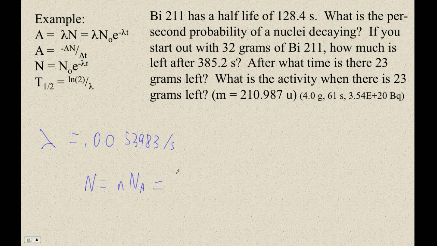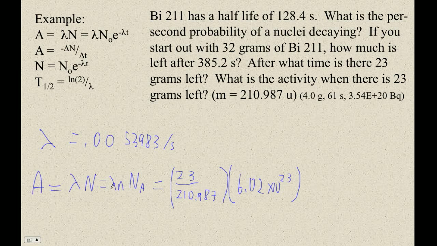Okay, and then if there's 23 grams left, the moles is 23 divided by 210.987, okay? And then Avogadro's number is 6.02 times 10 to the 23rd, right? And then, of course, the activity is lambda N, right? So I'm going to multiply this by lambda.